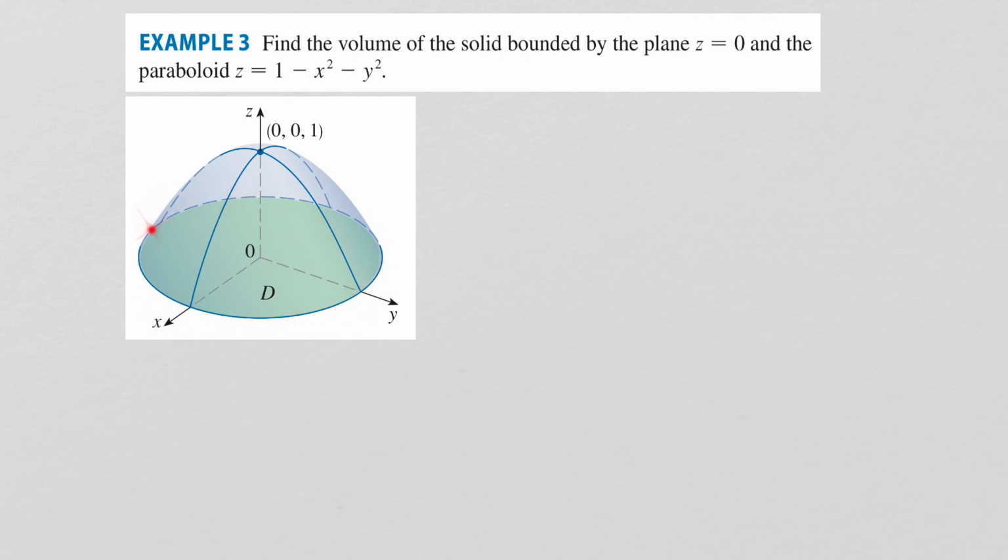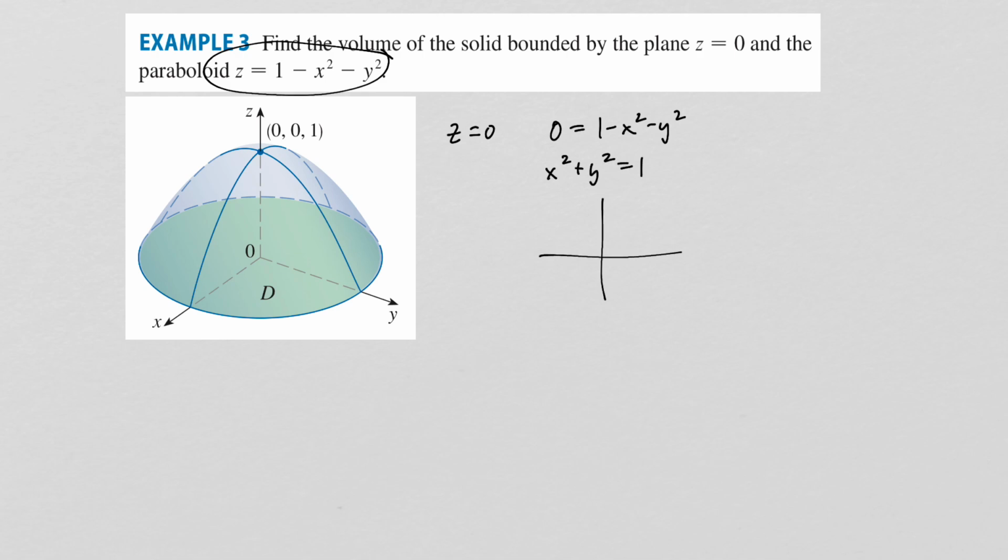So the domain in the xy plane is basically where z equals 0 intersects this surface. So if we let z equal 0, this equation here becomes 0 equals 1 minus x squared minus y squared, which is the same as x squared plus y squared is equal to 1, which of course is the unit circle.